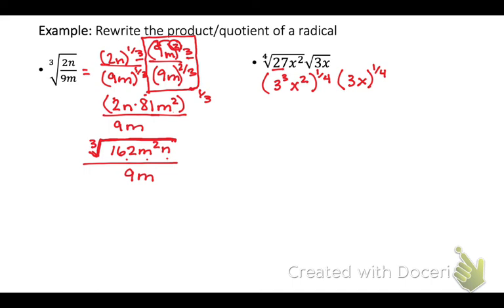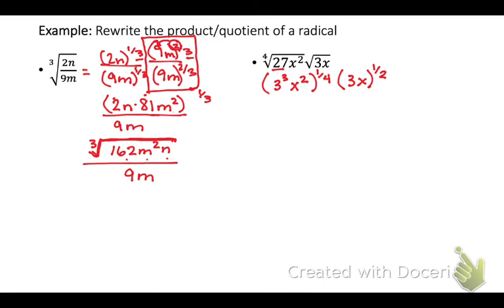Are they both to the fourth? It's on the first one. Oh, that's one half, not 1/4. How do I know this one's 1/2? Because it's just a square root, right?